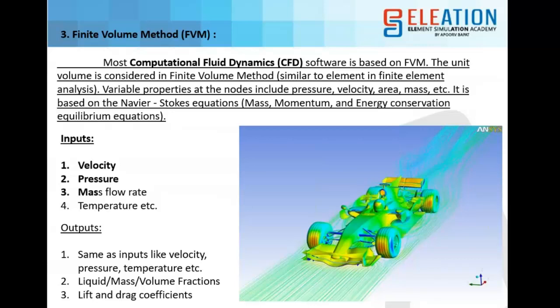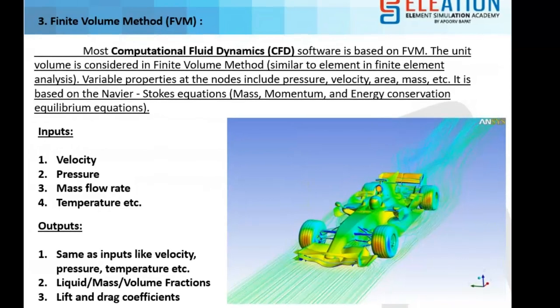The inputs which you can give in finite volume method are velocity, pressure, mass flow rate, temperature, etc. The outputs which you can get from finite volume method are velocity, pressure, temperature, liquid mass, volume fraction, lift and drag coefficient.